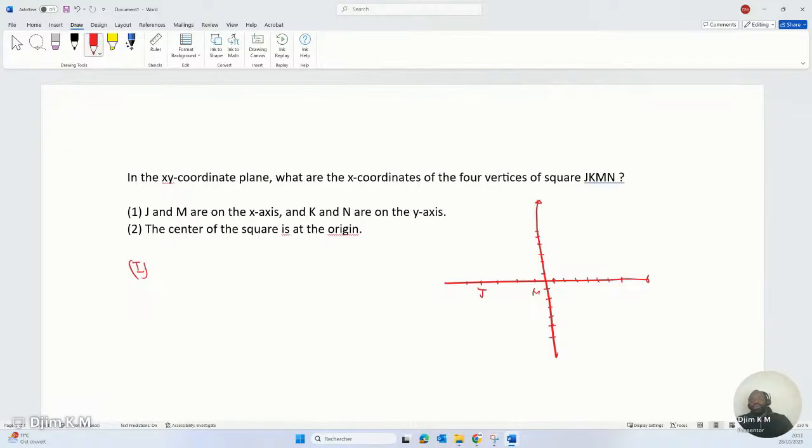Or it could also be that one is on the positive side and the other is on the negative side. We could have J here and N here. So this seems not sufficient.